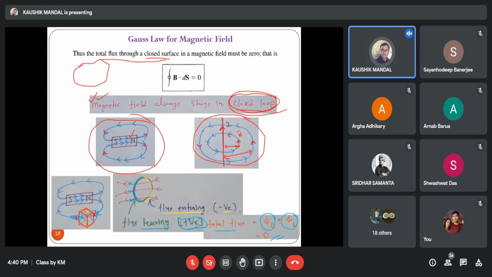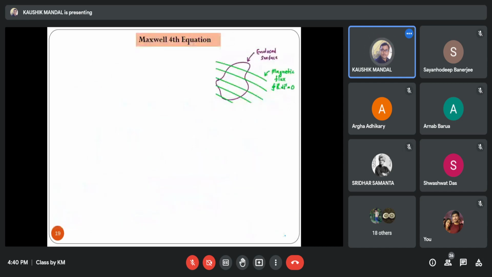So with this basic idea on Gauss's law for magnetic field, now we are going to discuss Maxwell's fourth equation.